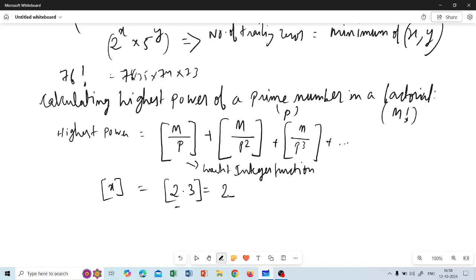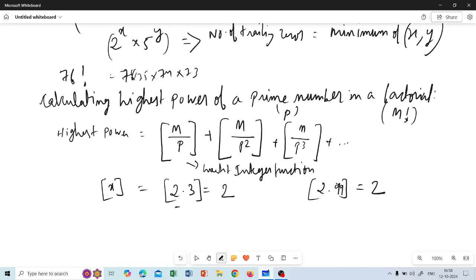So 2 is the greatest integer here. The output of this function will be 2. Similarly, you may think it rounds up for more than 0.5, but it is not like that. For any positive number, if I take 2.9 or even 2.99, the greatest integer function output will be only 2.